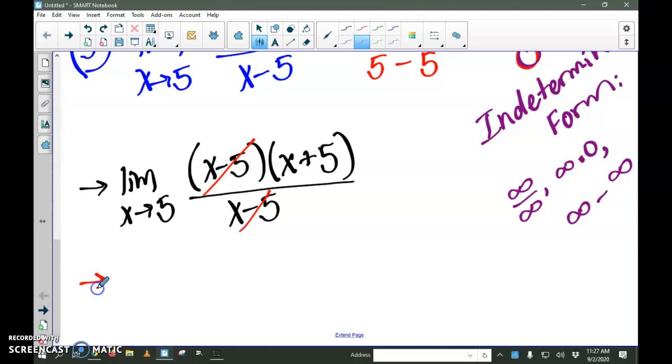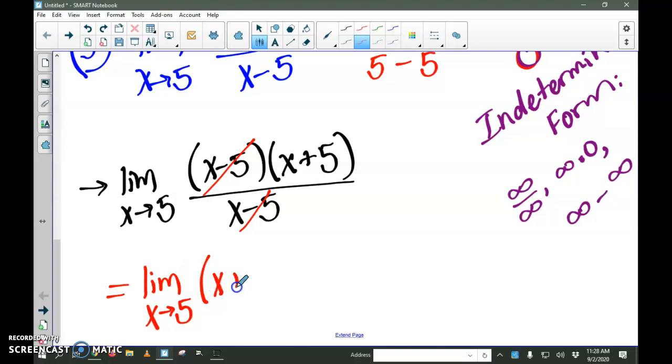Now look, I'm going to say that this is equal to, I'm not substituting in yet. So if I'm not substituting 5 in for x, I still need limit written out front. And when you turn in your homework, that's one of the things I will be looking for.